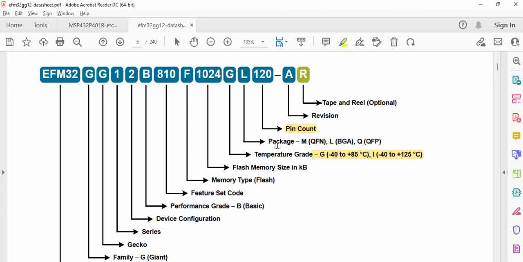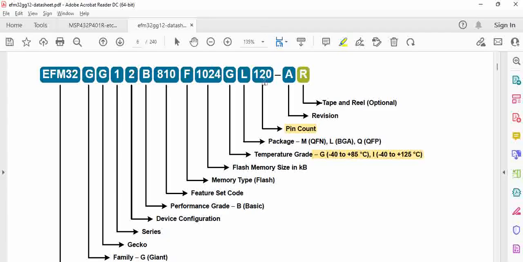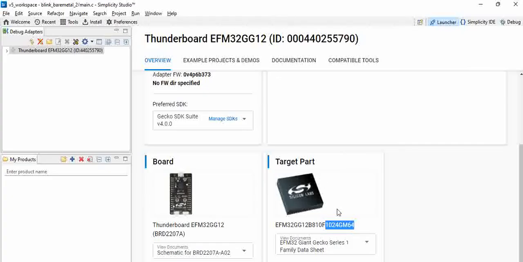So if we just go back to our part, you can see here EFM32GG12B810F1024GM64. From here, 1024 is the flash size, G is minus 40 to 85 degrees, M is the QFN package, and 64 is the pin count. So that's how you differentiate.